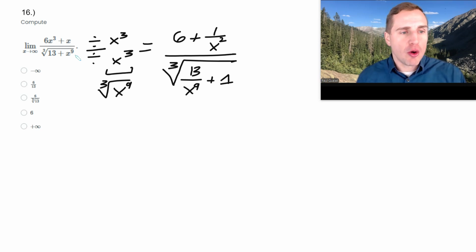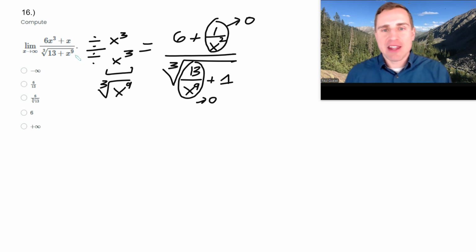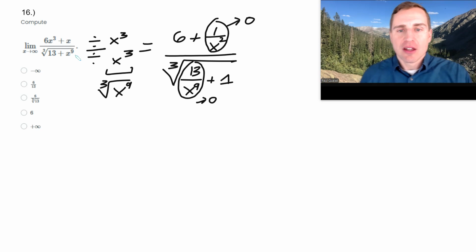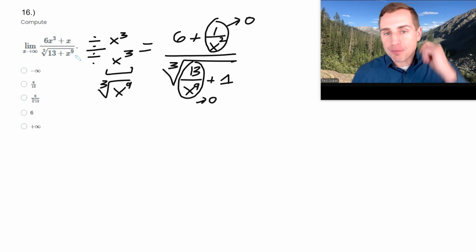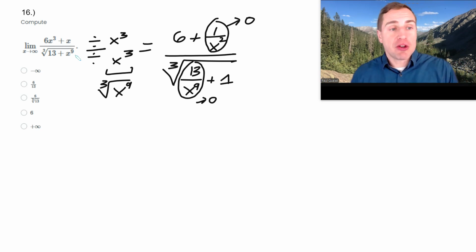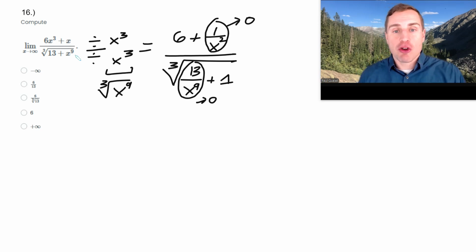So hopefully you know that this term and this term will both go to 0. Why to 0? Because when you have an infinity in the denominator and you have a numerical value in the numerator, when you approach the biggest number you could think of, you're dividing by the biggest number you could think of, and that's going to give you 0.